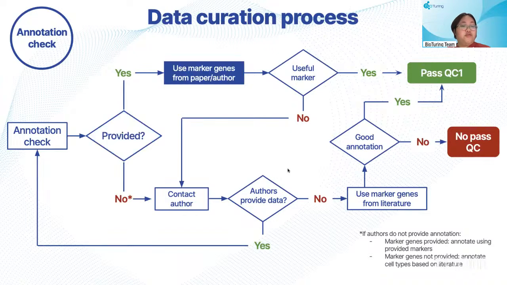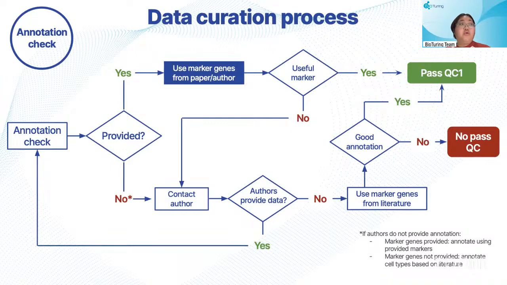And if the annotations are provided, we will then evaluate first of all whether, within the object that the authors provided us, they have already provided individual cell barcodes alongside their own annotation. So we will just submit the object in full.